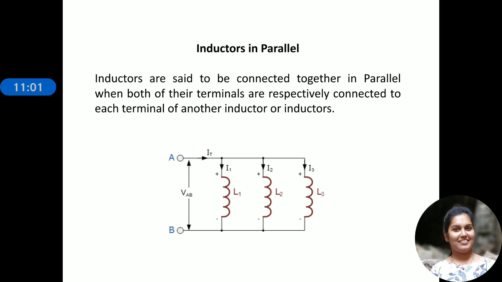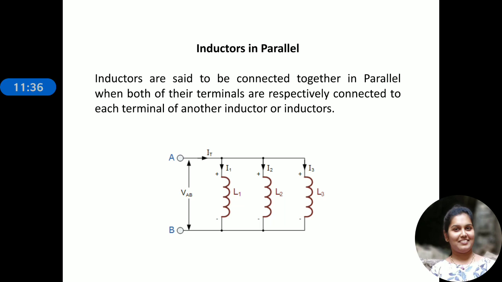In the last video, on inductors connected in series, we have seen that the total inductance LT of the circuit is equal to the sum of all the inductors added together. For inductors in parallel, the equivalent LT will be calculated a bit differently. We assume the sum of the individual currents flowing through each inductor, and it can be found using Kirchhoff's current law.